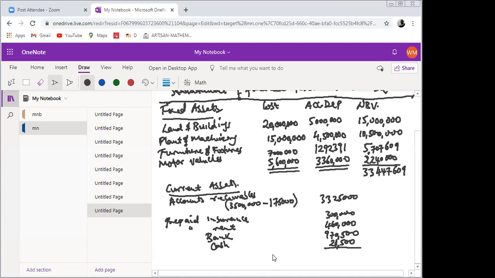How much? This is 3,325,000 plus 300,000 plus 460,000 plus 970,500 plus 21,500. If you total them, 5,077,000. Can you add now to the net book values of the non-current assets or fixed assets, so that now we can get the total assets figure?